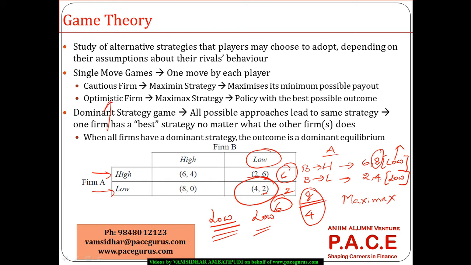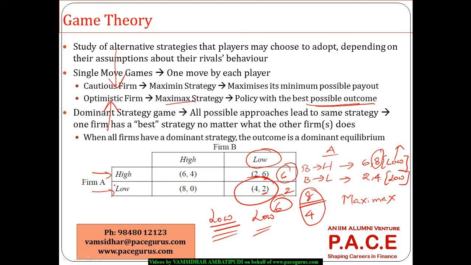Even if the firm is very optimistic, or very cautious, or any other strategy I can plan, in a Maxi Max we are looking at the policy with the best possible outcome. So out of 6 and 2, I am looking for the best.